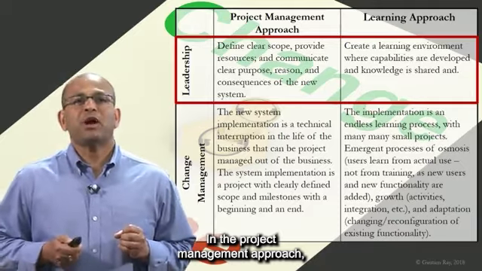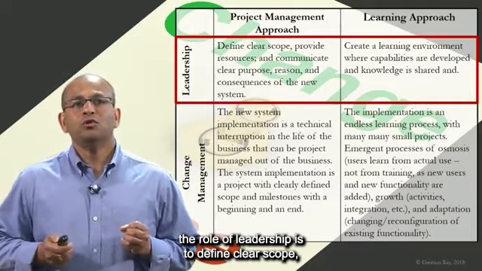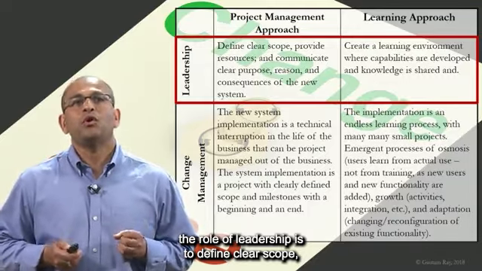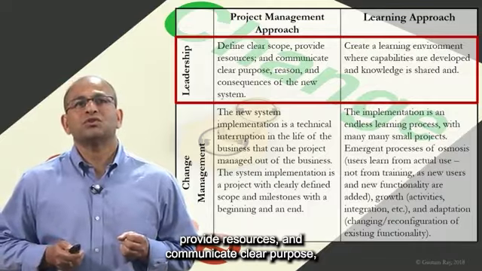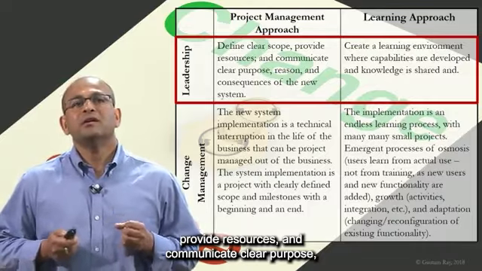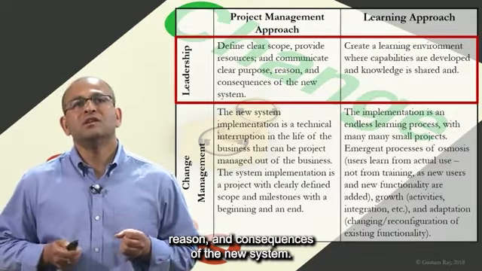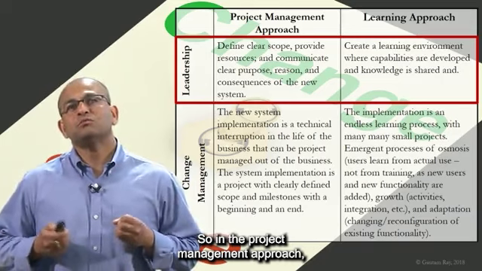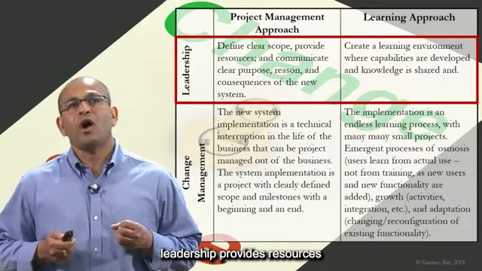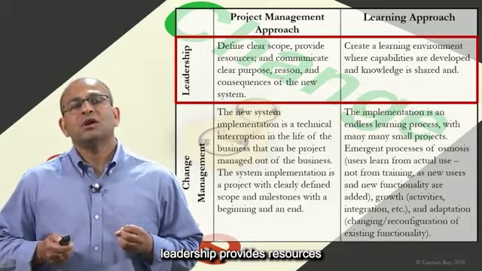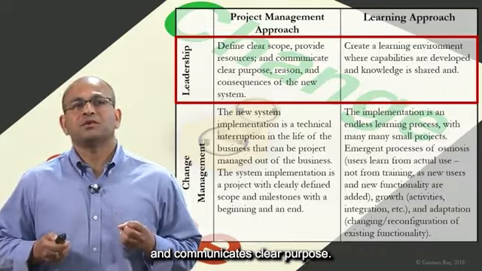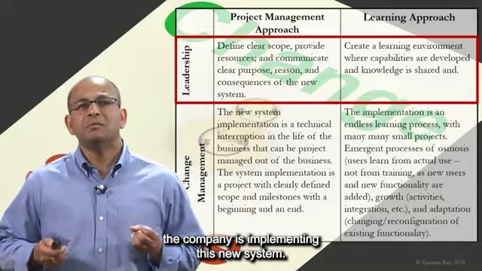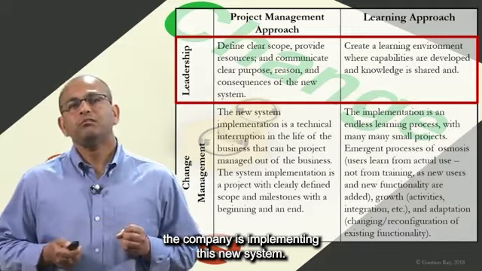In the project management approach, the role of leadership is to define clear scope, provide resources, and communicate clear purpose, reason, and consequences of the new system. So in the project management approach, leadership provides resources and communicates clear purpose. That is, it explains why the company is implementing this new system.